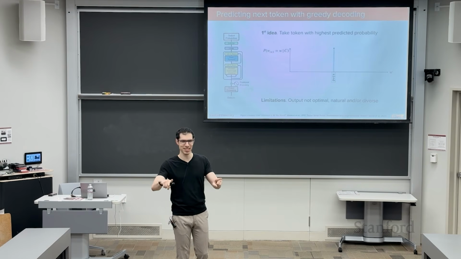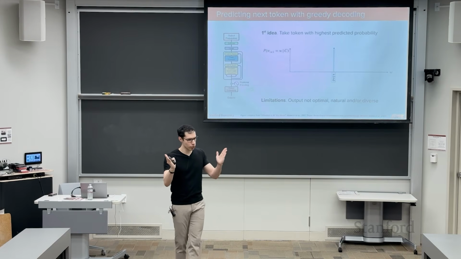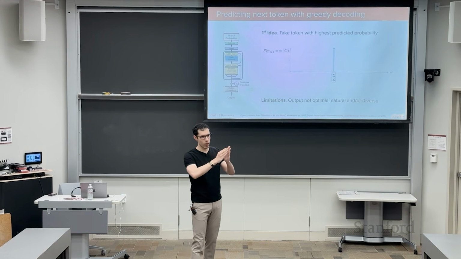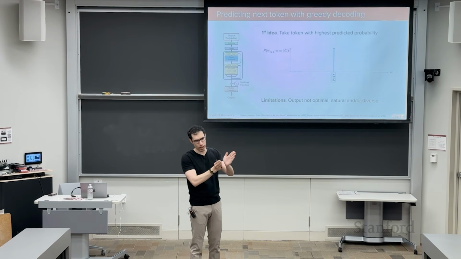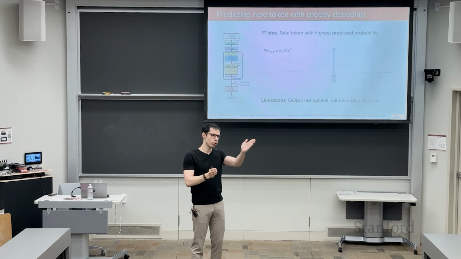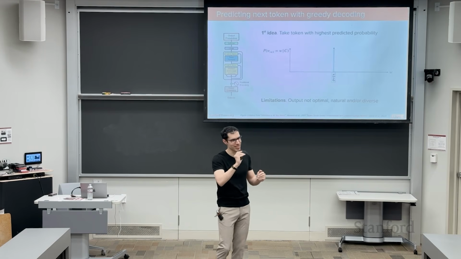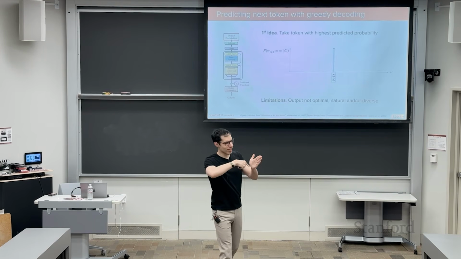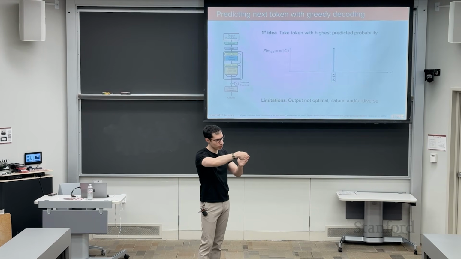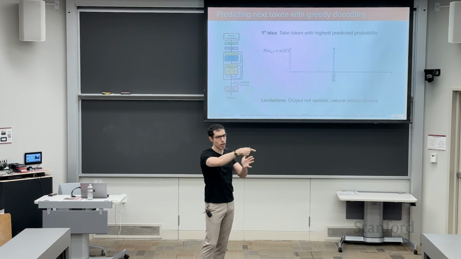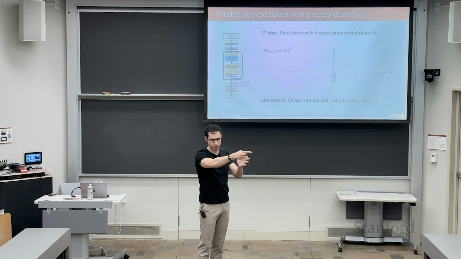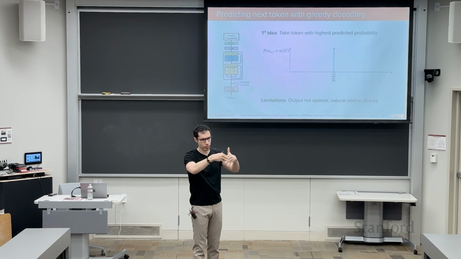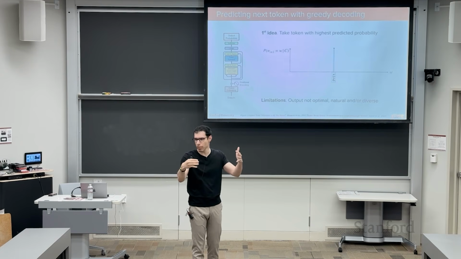Are you convinced of this statement, by the way? Let me give you an example. Let's suppose you have the next token where one token is 0.8, the other one is 0.7, and you choose to go with the 0.8. No, actually it's not 0.7 because it has to sum to 1, so let's say 0.2. Suppose you go ahead with the sequence that starts with the 0.8, and all other token probabilities are very low.